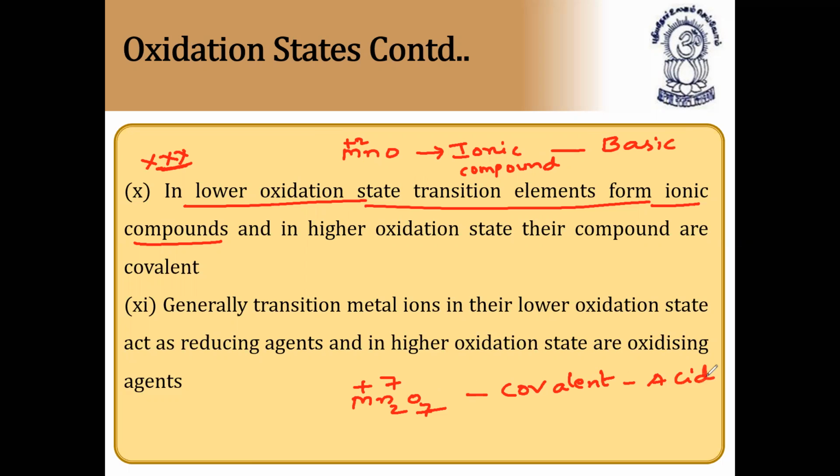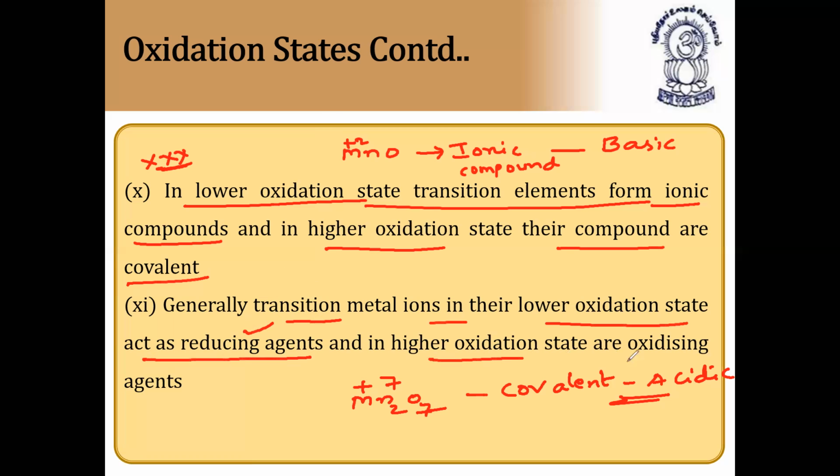So these points, please note down. This is very, very important. Which of the following are acidic, which are basic. So in lower oxidation state, transition elements form ionic compounds, and in higher oxidation states, their compounds are covalent. Generally, transition metal ions in their lower oxidation state act as reducing agents because ionic compounds act as reducing agents.